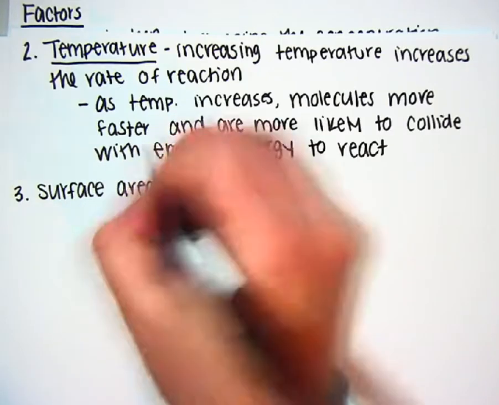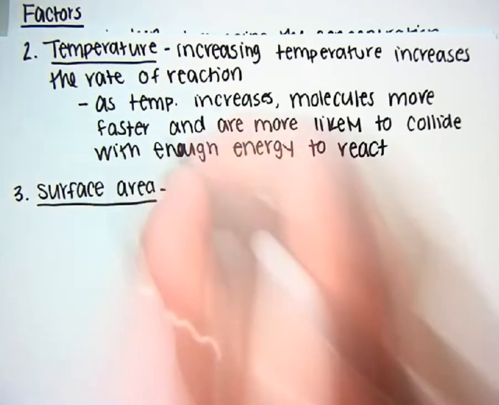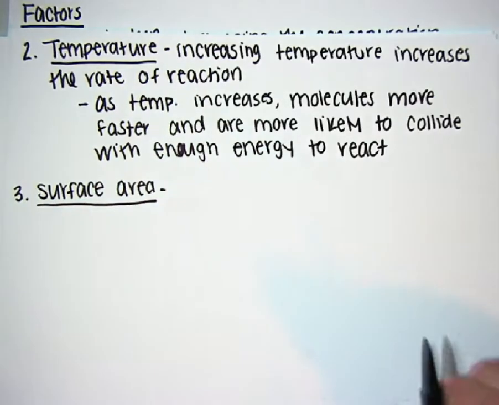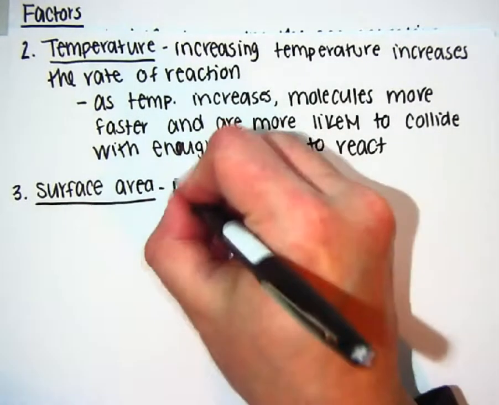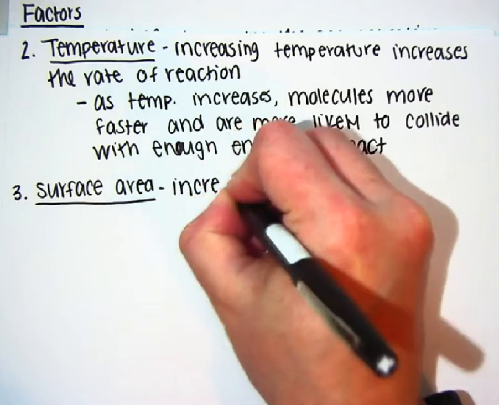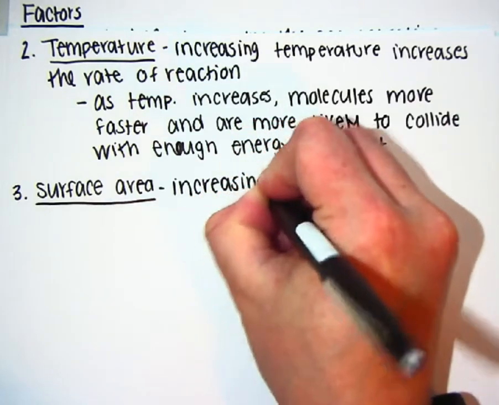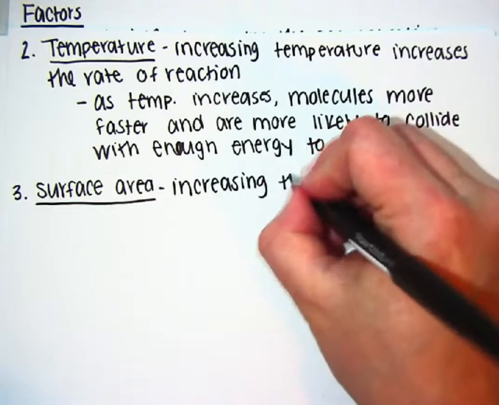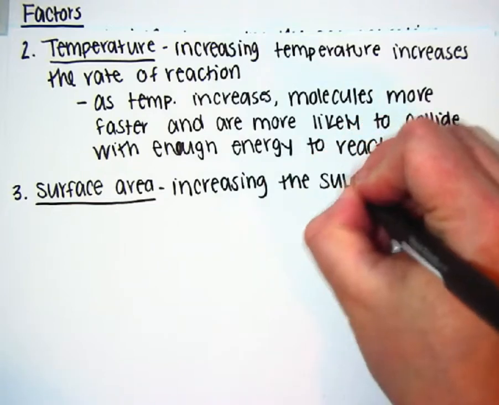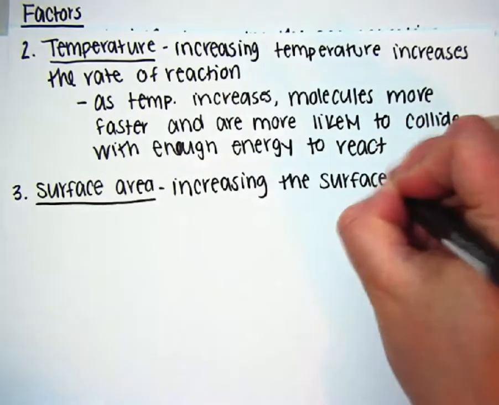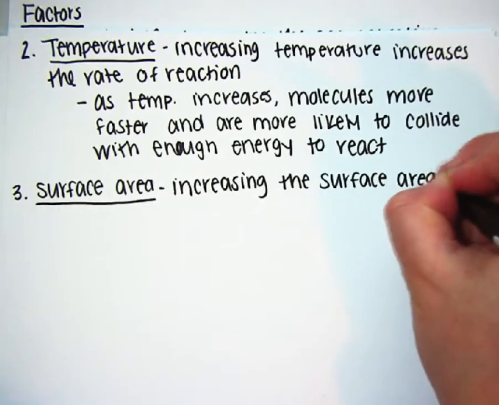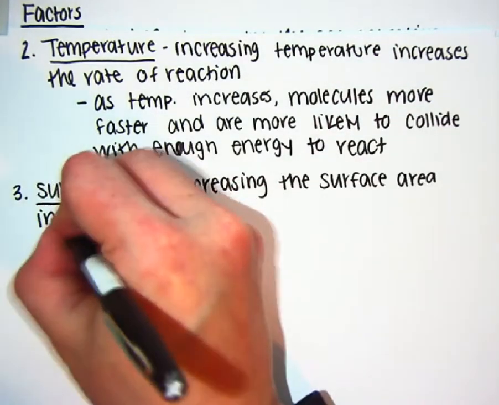Factor number 3, surface area. Again, direct relationship. That makes remembering these really easy. Surface area. The trend is that increasing the surface area increases the rate of reaction.